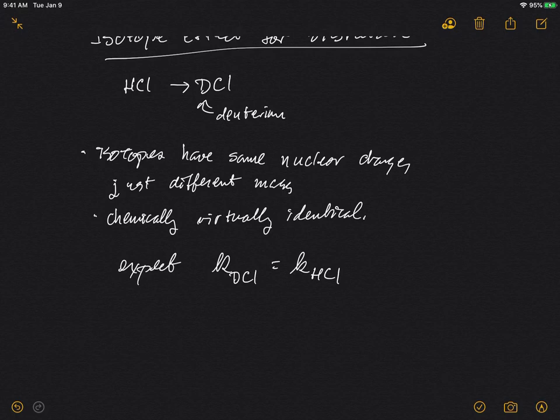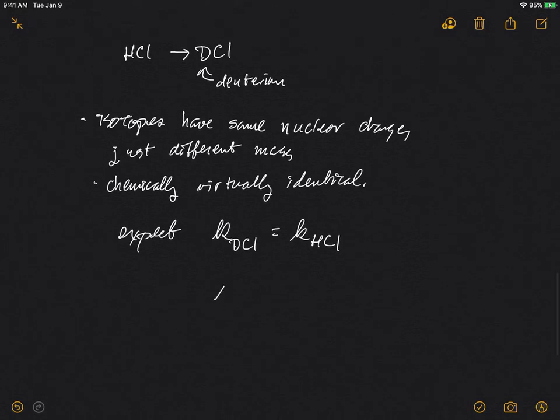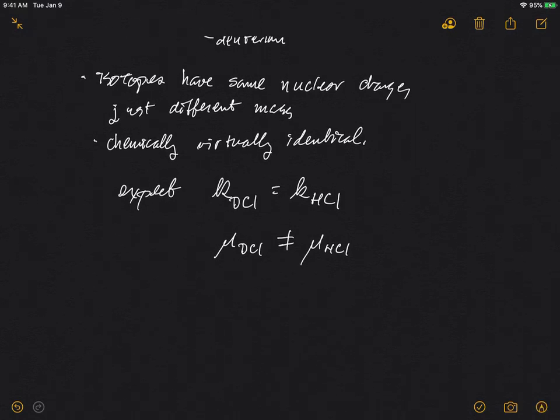However, the mass we expect to be different. So essentially, we're looking at the effect of changing the mass on the frequency, and we expect no change in the spring constant.